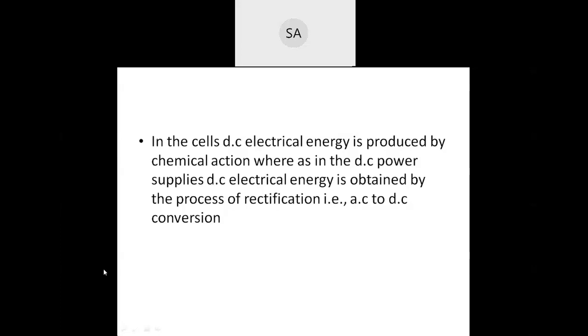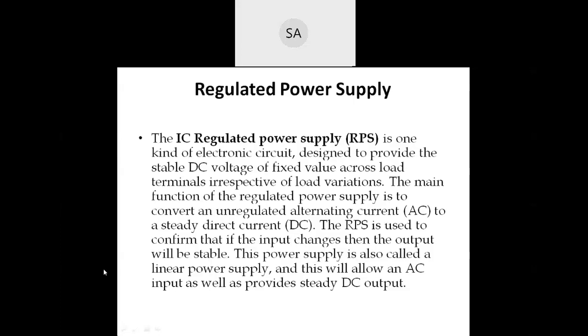We use these DC power supplies in many ways in our electronic lab. Batteries or dry cells are also used in many components or circuits, so these batteries are replaced by DC power supplies using rectification, because batteries require charging again.